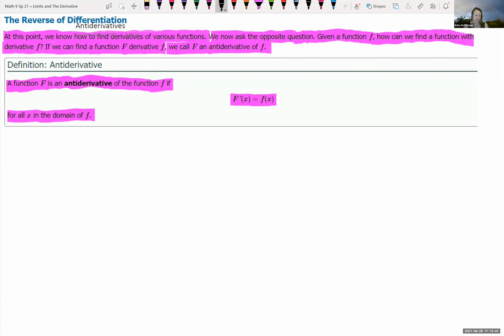Okay, so we're thinking backwards. Let's say we had some function f of x equals 2x. Think about it for a second. Can you think of what you can take the derivative of and get back 2x?